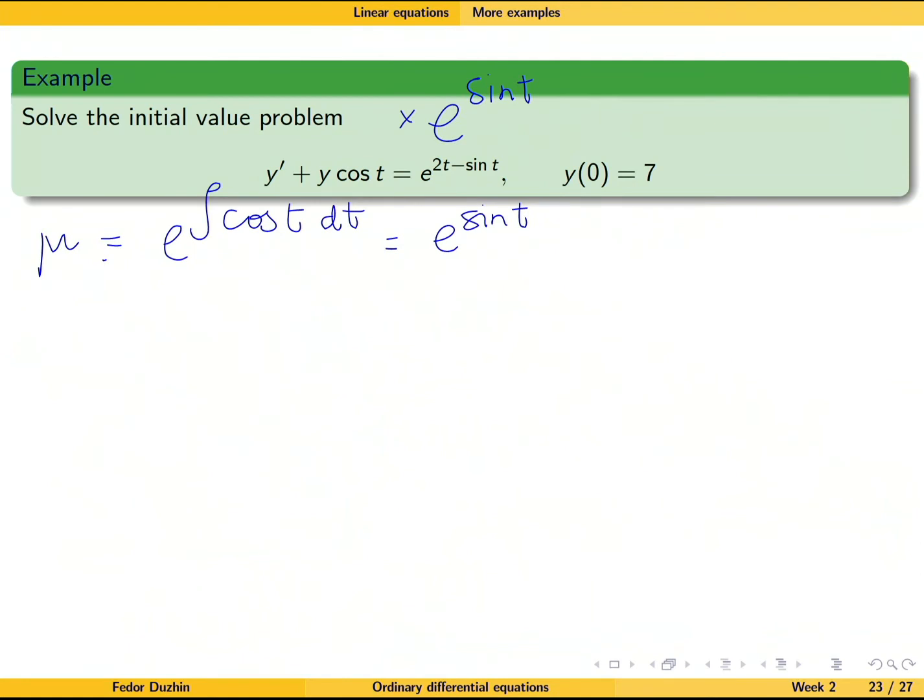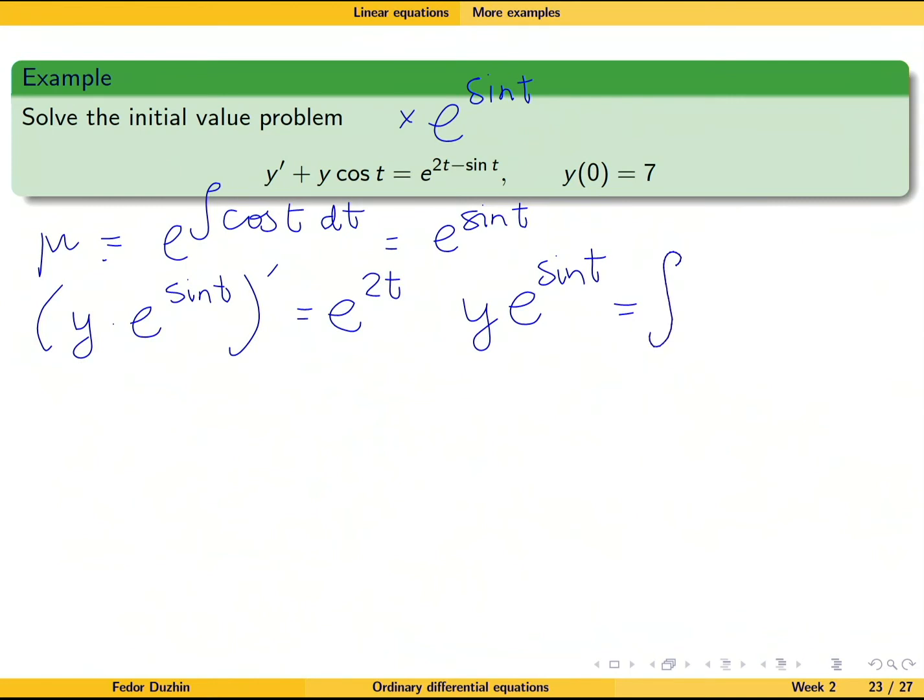Now, from theory, we know that the left-hand side is going to be just y times the integrating factor, which is e to the sine t, prime. Well, the right-hand side is e to the 2t minus sine t plus sine t, which is e to the 2t. Okay, so which means that y times e to the sine t itself is going to be the antiderivative of e to the 2t, which is 1/2 e to the 2t plus constant.